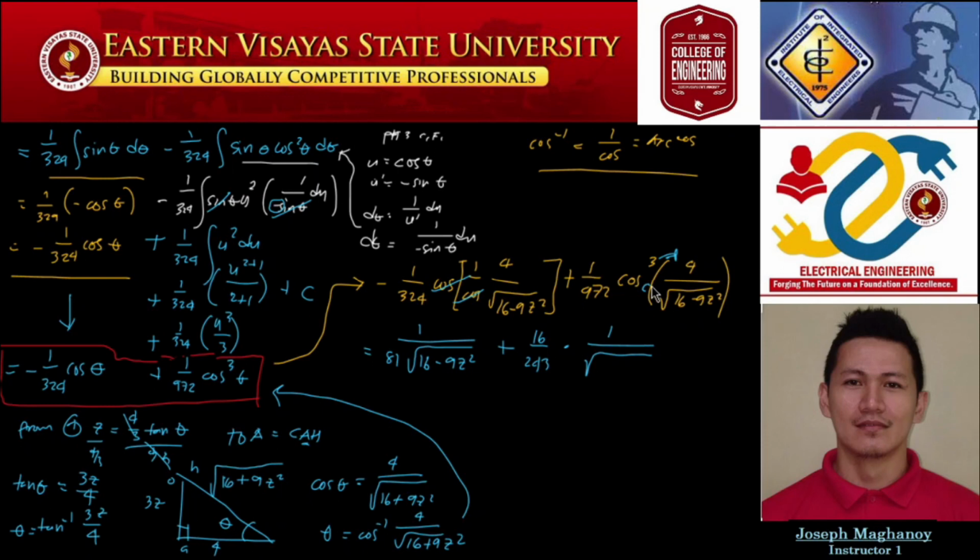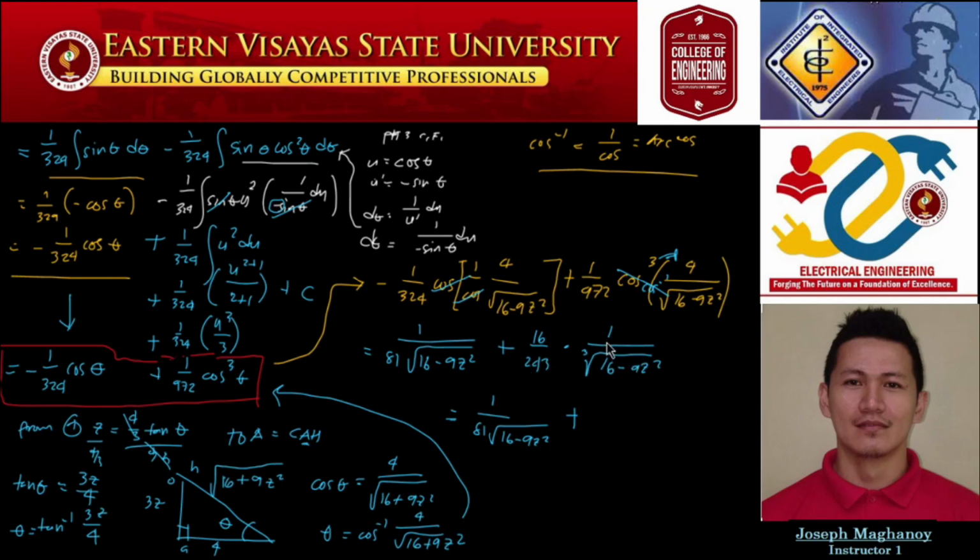We still have cosine negative 1 here to cancel out this one. So we apply the power cube to our root, so that will become cube root of 16 minus 9z squared. So we further multiply this one. For your final answer, that would be 1 over 81 square root of 16 minus 9z squared plus 16 over 243.